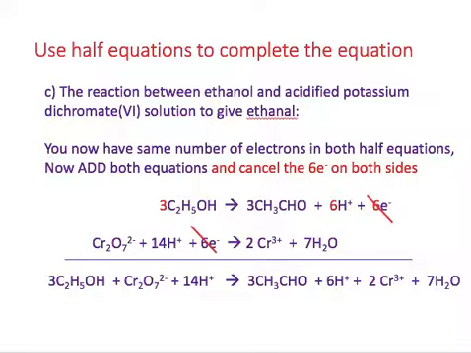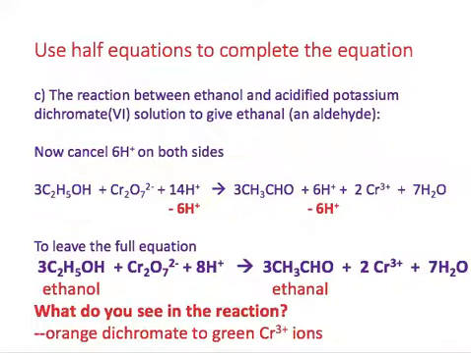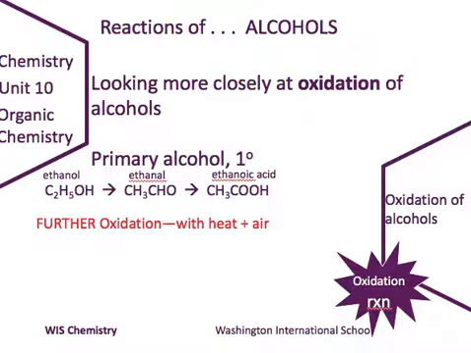So you're going to subtract 6H plus from both sides, and then you end up with the full equation. And the question is, what do you see? The original orange sodium dichromate will turn to a green chromium 3 compound.